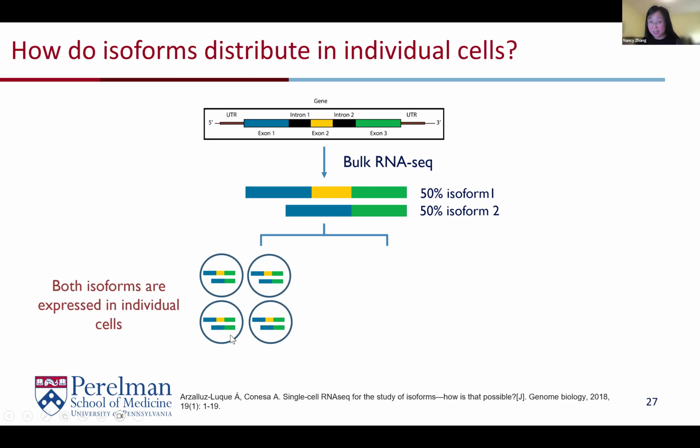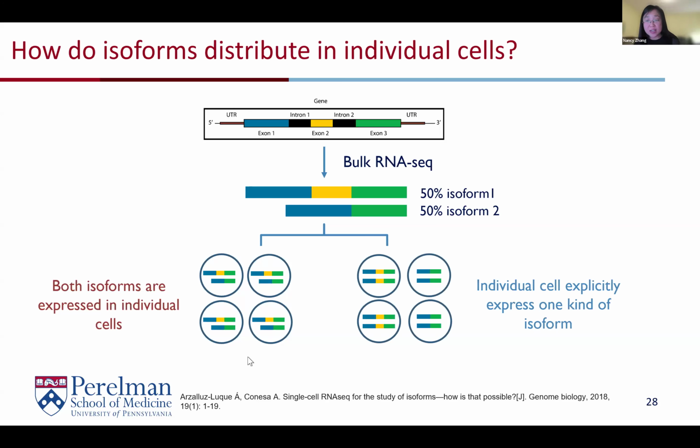You can imagine that has a biological interpretation, that these two isoforms are both performing functions that are needed for each cell. Or you can imagine another scenario where the two isoforms segregate into different cells, so a cell either splices one or expresses one or the other. Individual cells explicitly express one of the two isoforms. Now this is called high intercell heterogeneity.